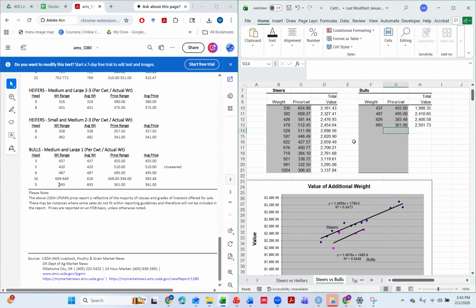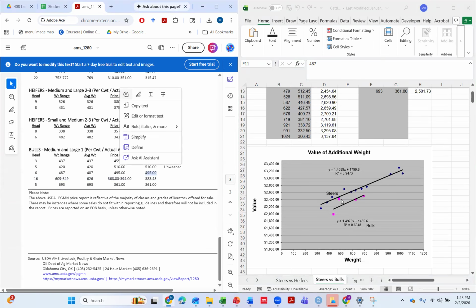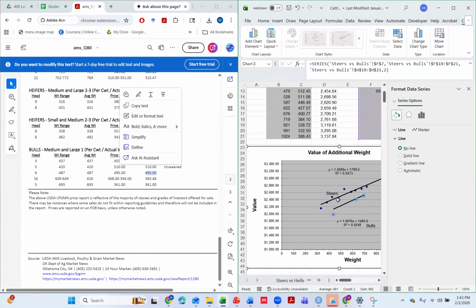So I haven't plotted this one before, but this group of bulls that averaged 487 that brought 495, you look at them on this plot, and that's a pretty clear outlier, honestly. So it's much higher than that average discount that bulls received from this lot of animals.